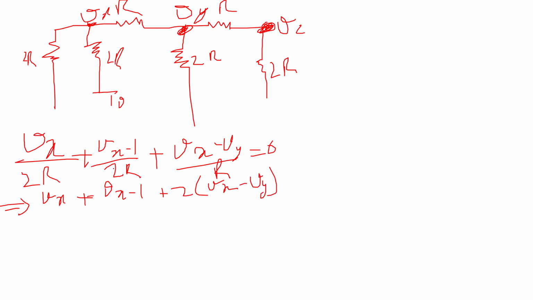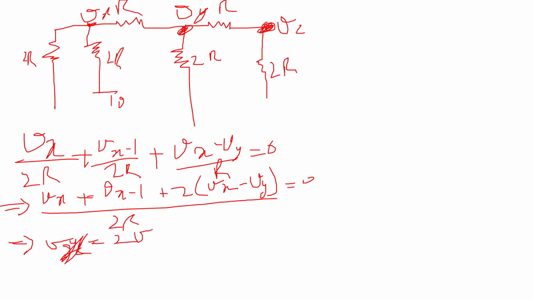This 2 we got from taking 2R as a common denominator. If you reduce this, I'm just writing in short, Vx is equal to (2Vy plus 1) by 4. So this is your equation 1.